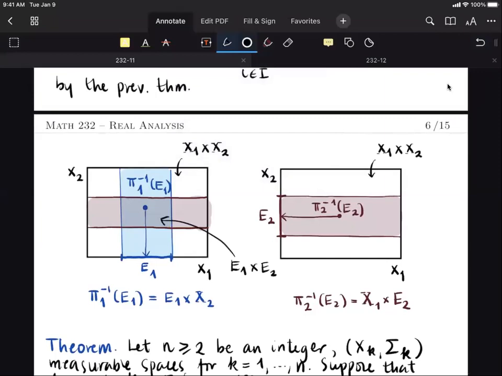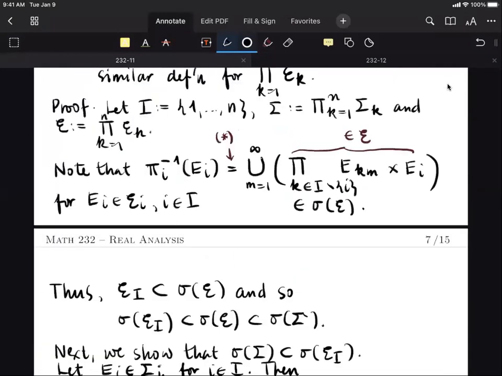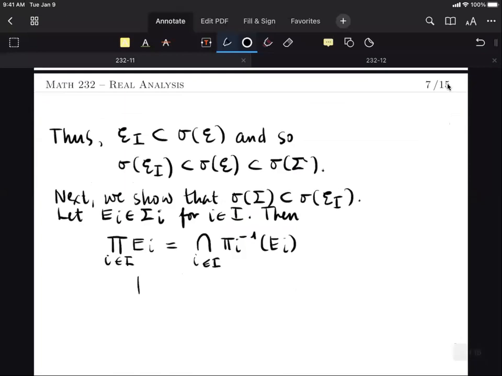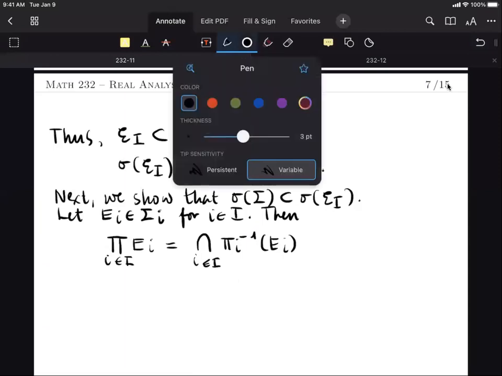So you can write the Cartesian products of sets as intersections of the inverse images of the projection maps. That is what we did here.